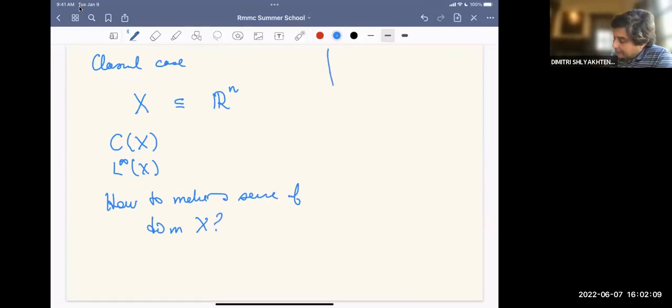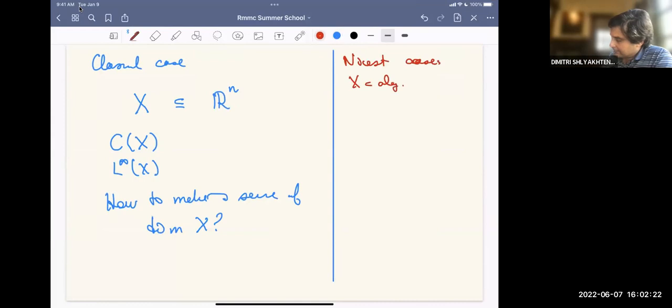And there really are many ways of doing this. So let me talk about the nicest case. And that's where X is an algebraic variety. So basically, you have the algebra of functions on X. You can describe this as a ring where certain relations are satisfied, right?